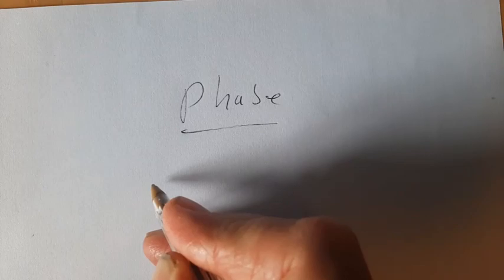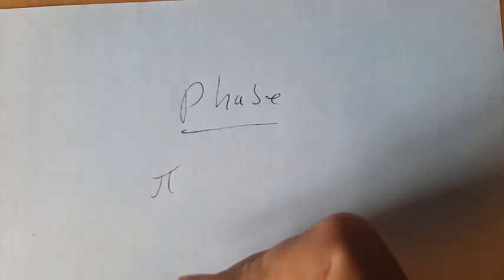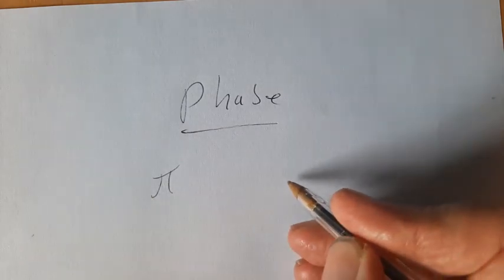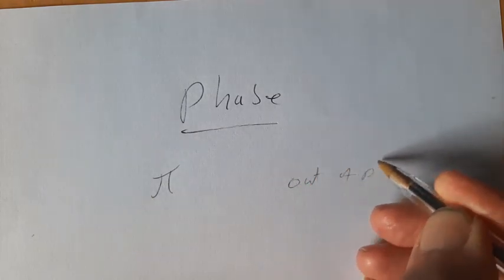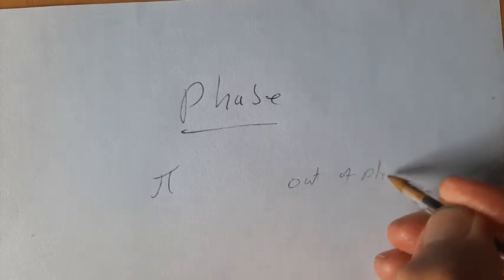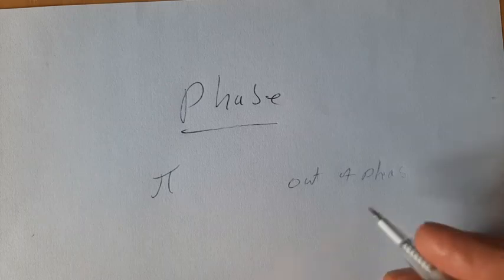So what we've seen is that if the phase relationship between two objects is pi radians, then they are out of phase.